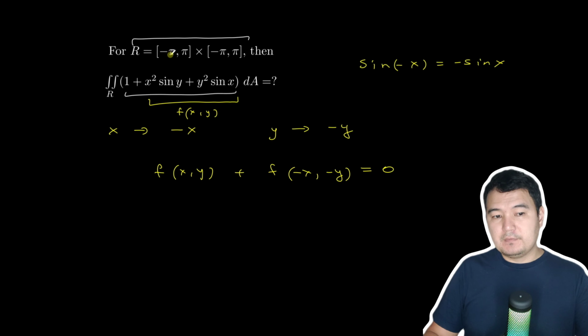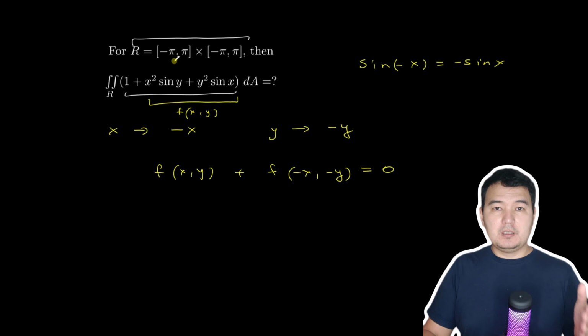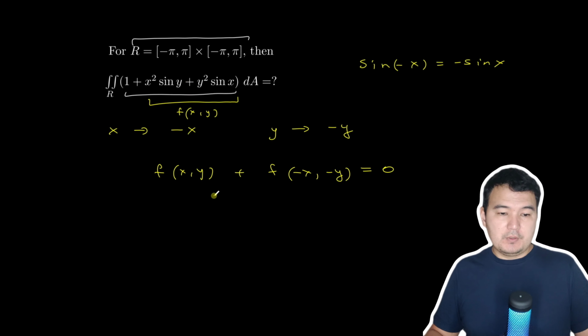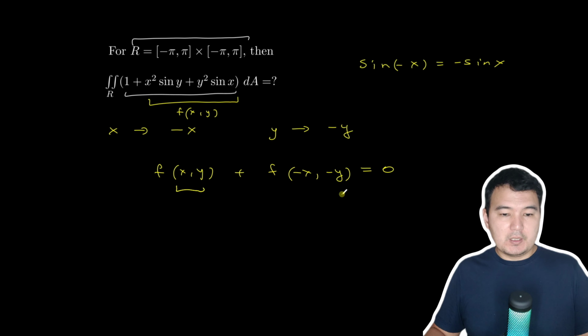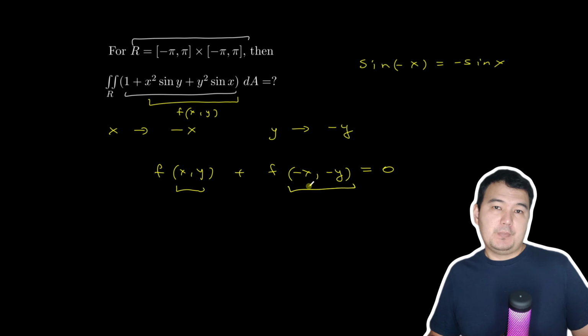We have negative values from negative pi to 0, and from 0 to pi. So for every pair of x, y, we can put a correspondence of a pair of negative x and negative y, which makes it 0.